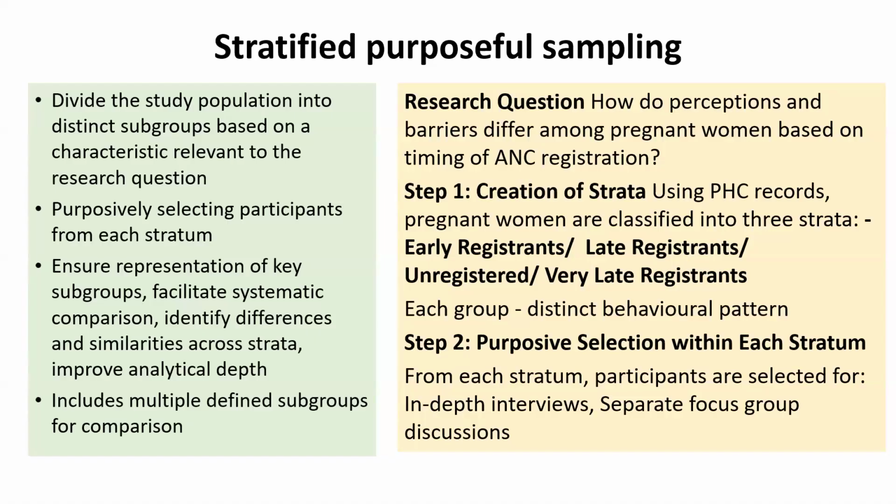Because the assumption is that there will be distinct behavioral patterns which you want to capture, and then in each of these strata, you will use some purposive sampling to identify women for your in-depth interviews or focus group discussions, which can also be done because these are homogeneous samples within the strata. So this is stratified purposeful sampling.